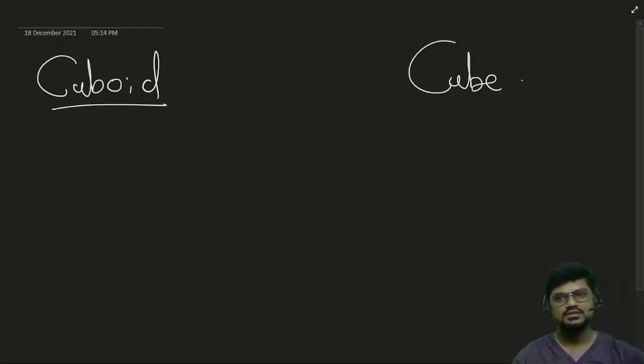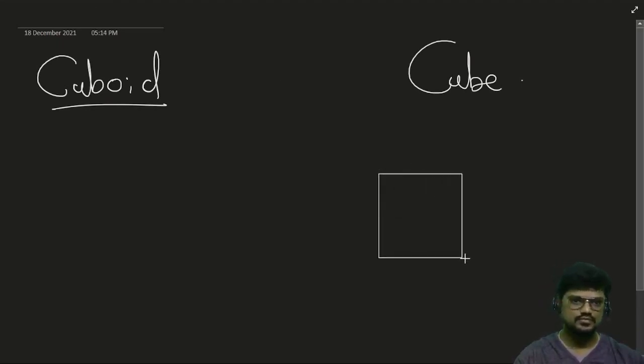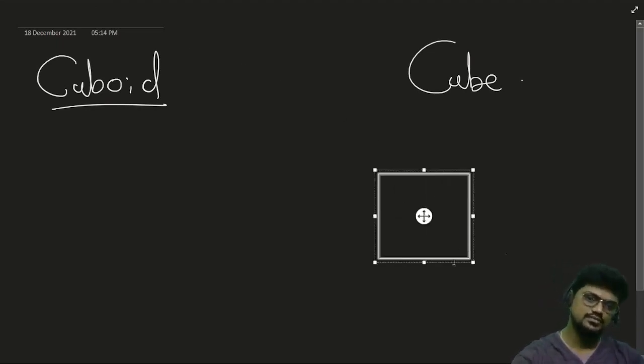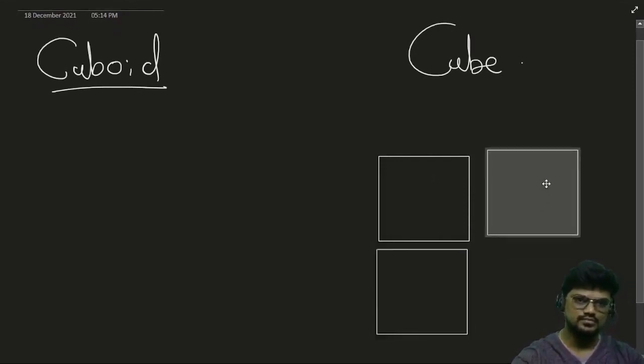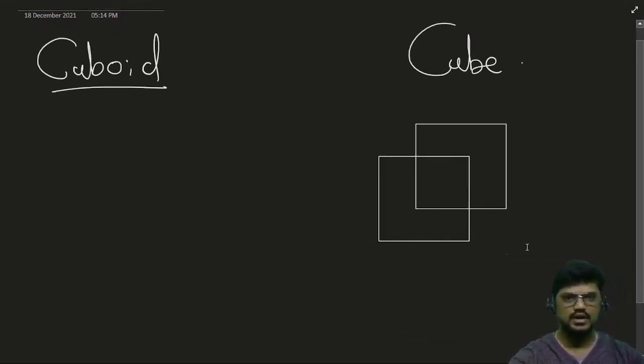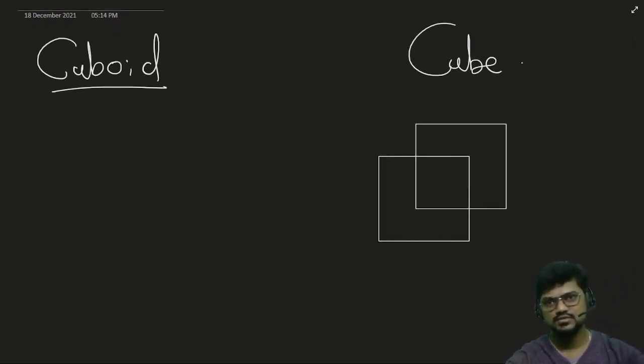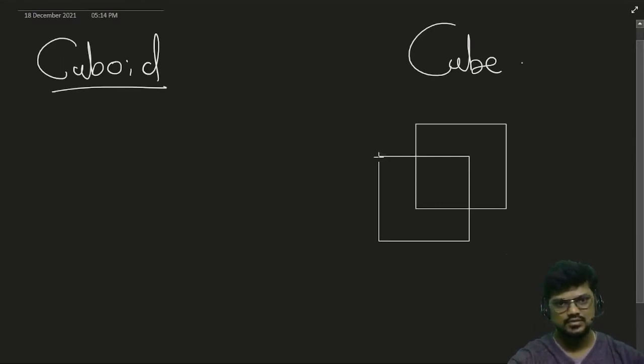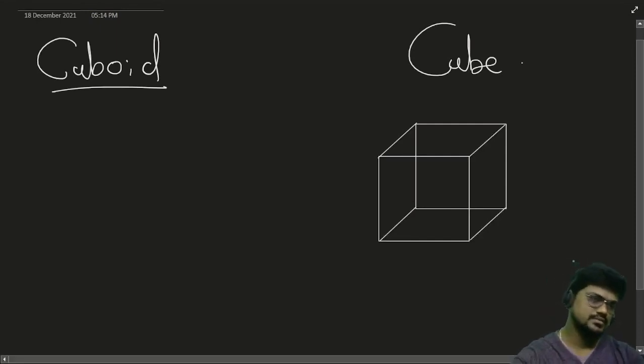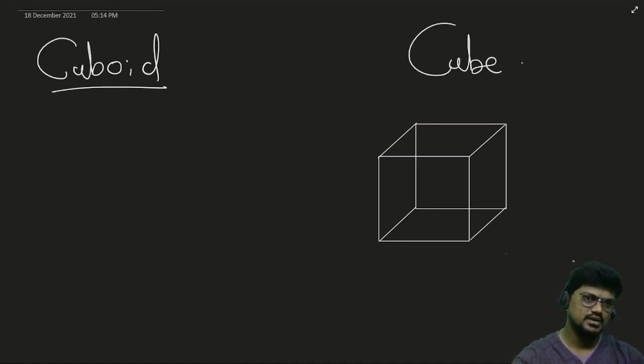Yeah, means if this is a square, and if I make this, this will be what? This is a cube. Why? Because all sides are equal in it, right?